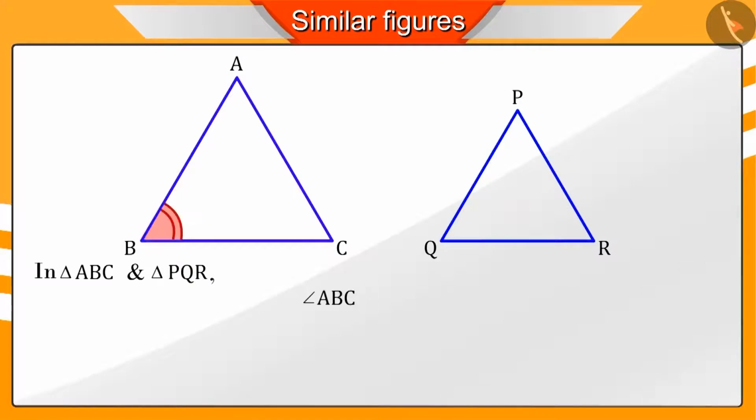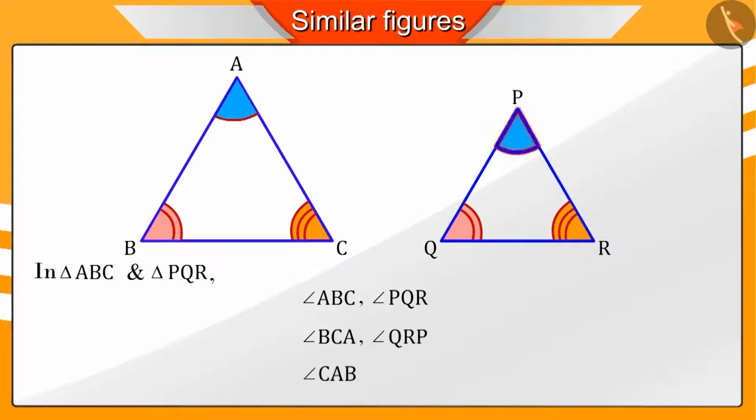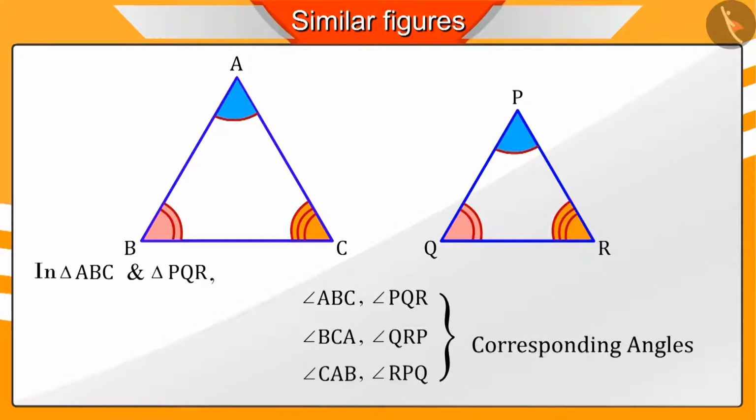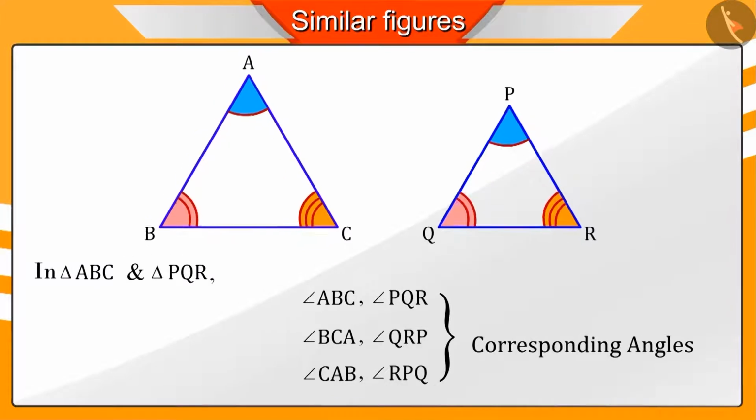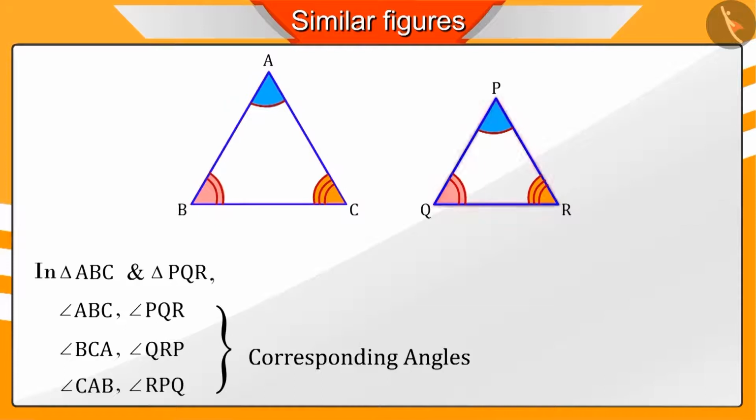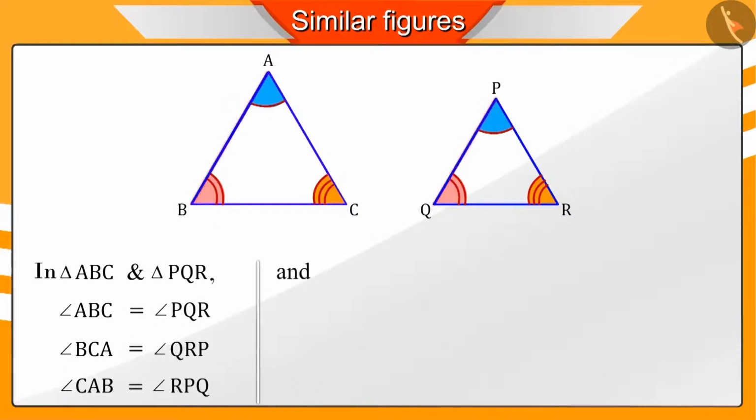Absolutely correct. Here, angles ABC and PQR, angles BCA and QRP, and angles CAB and RPQ are the corresponding angles. When we observe the triangles ABC and PQR, we notice that their corresponding angles are equal and their corresponding sides are proportional.